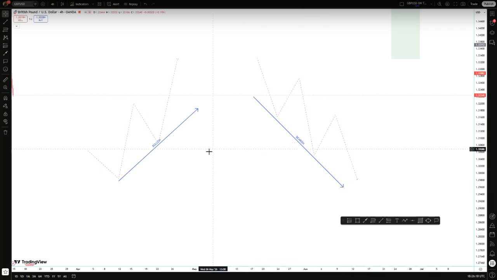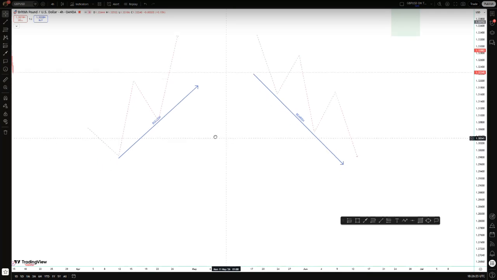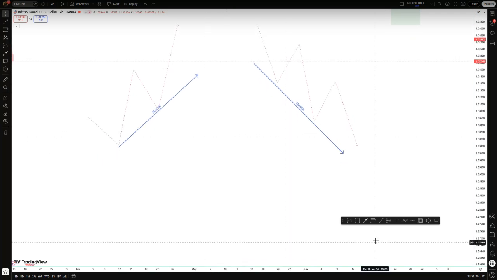Bearish. So these are the only two things. Sorry, there's another one. But this one is still called being stagnant. So in the market, we only have three major directions.